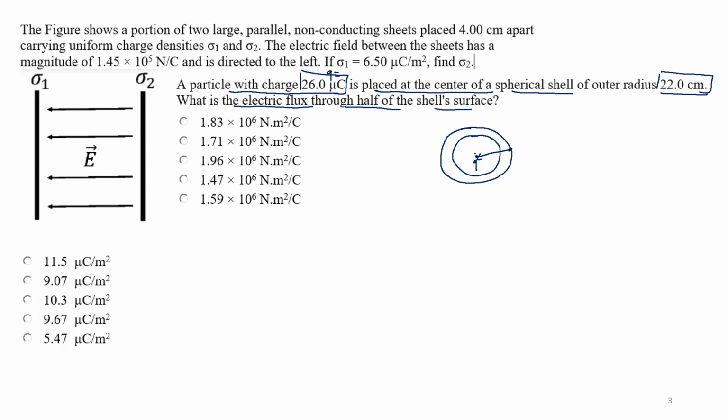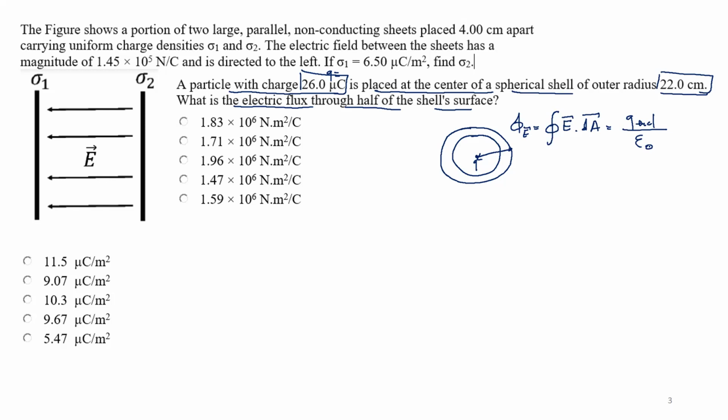Easy. I will apply Gauss law. The flux is just the integral over my closed surface of E dot dA. And this is the flux of electric field, electric flux. And electric flux is equal to charge enclosed divided by epsilon naught.